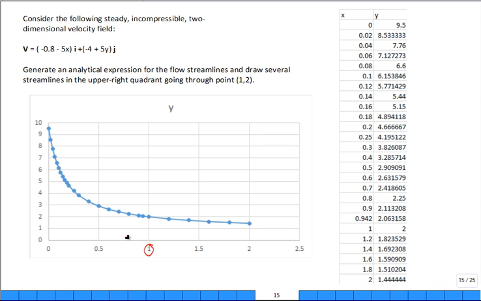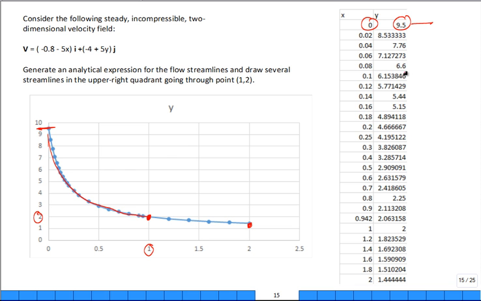It goes to the point (1, 2) right there, and I plotted a sequence of points all the way down to 0. I stopped at 0. At 0, it's somewhere up in 9 something, and all the way out to x equal to 2. And here's the x points and y points.